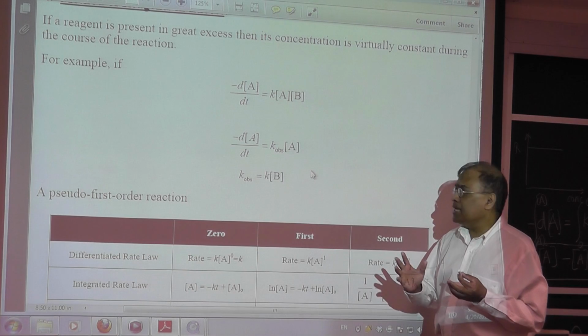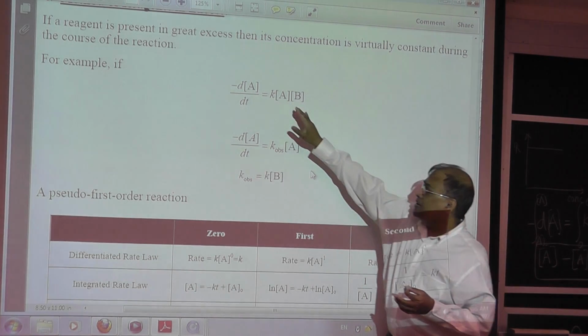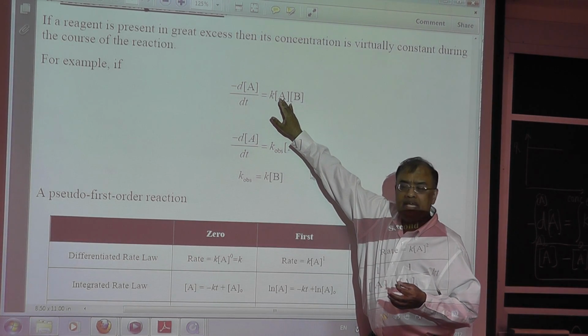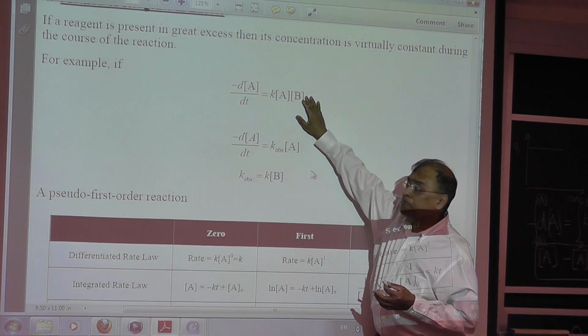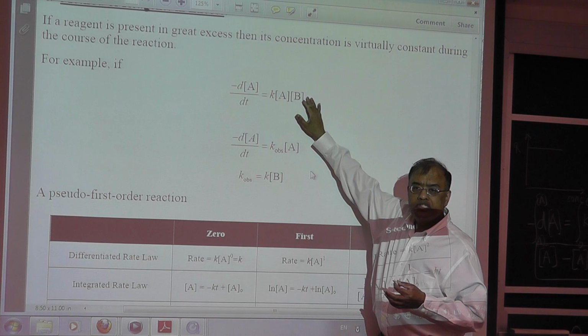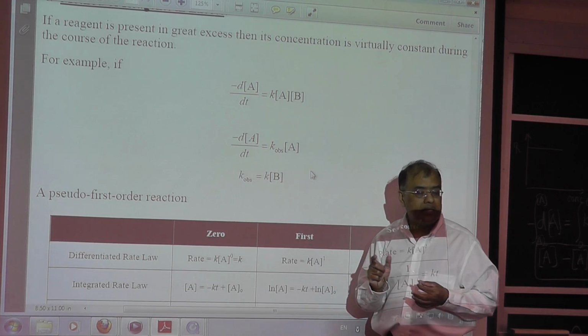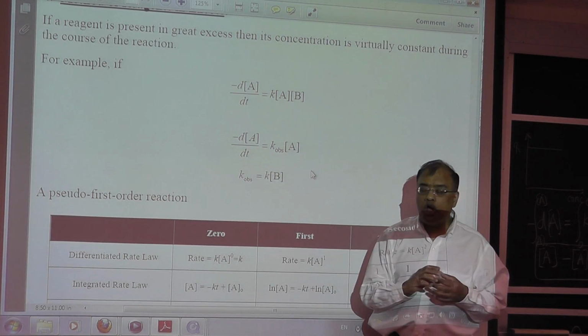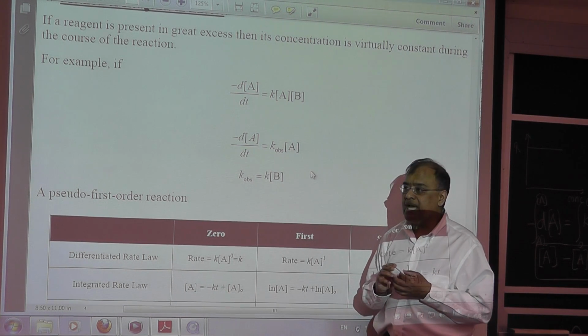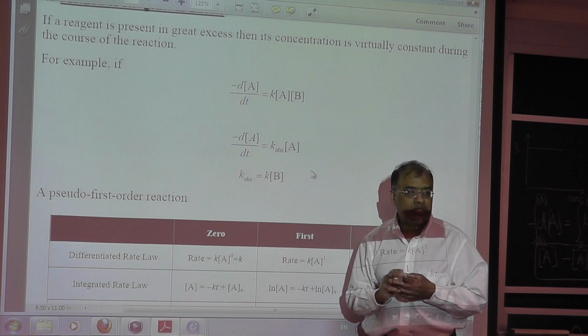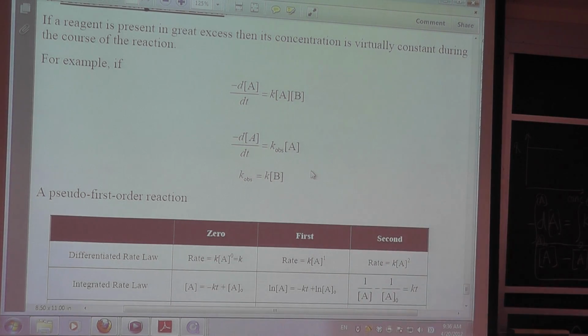You can do the same thing and switch it and make A, B in excess, and then the rate will only depend on B. So you can artificially manipulate these complex situations and make them into pseudo first order reactions. And that's what you're going to be doing in lab.